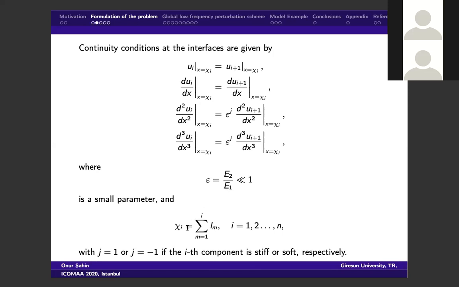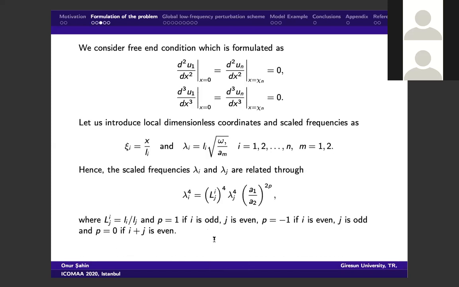And also here, chi I is defined by the sum of the lengths of the components of the beam. For this problem, we consider a free end condition, which is formulated by these two equations.